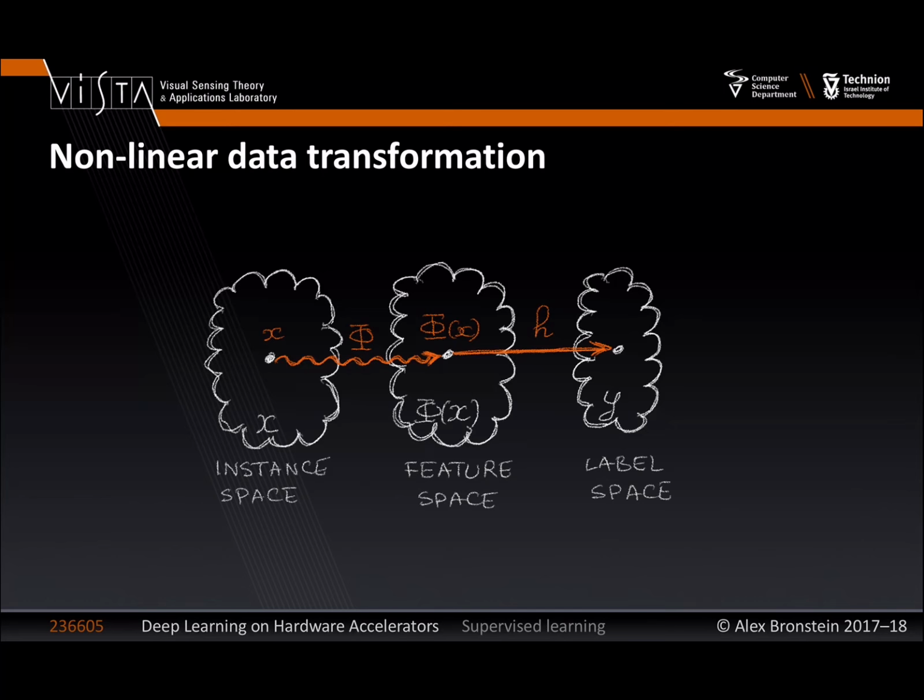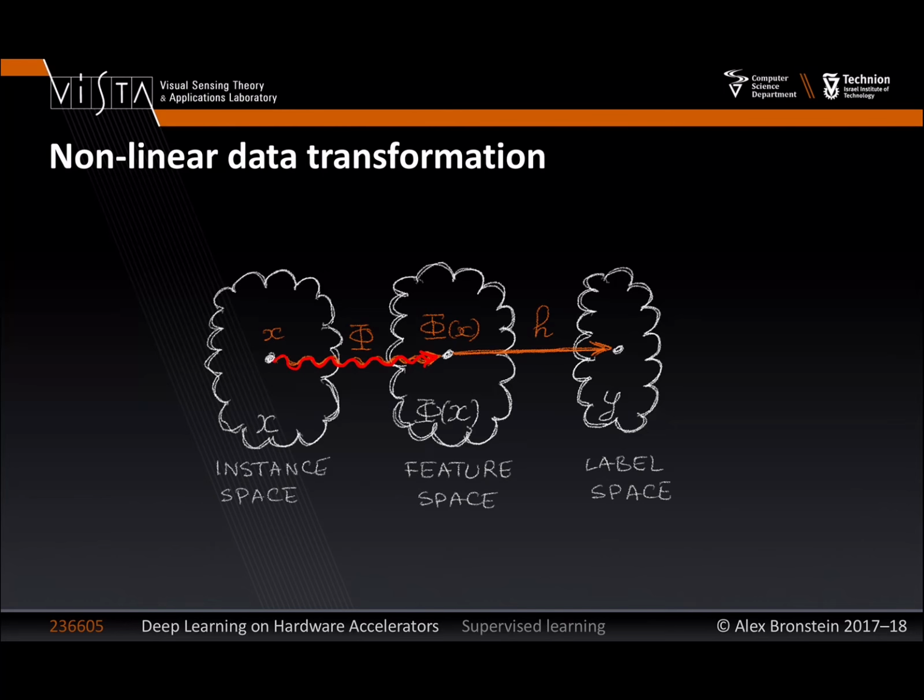So just as a visualization, in the first case that I described, we go from the instance space to a feature space by some fixed nonlinear transformation, that is this curled arrow, and then we use a linear model H from the feature space to the label space. And hopefully the feature space is richer, so the linear model performs better.